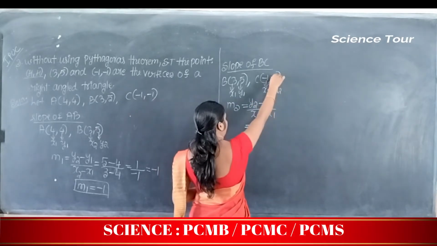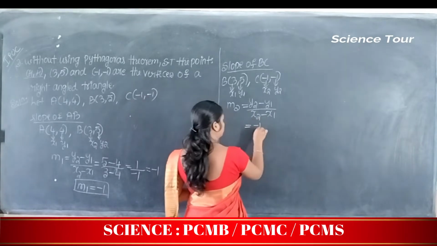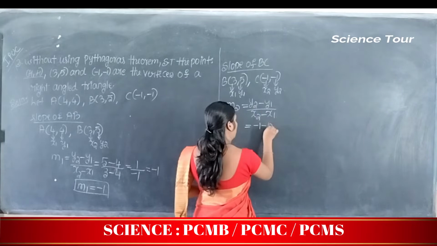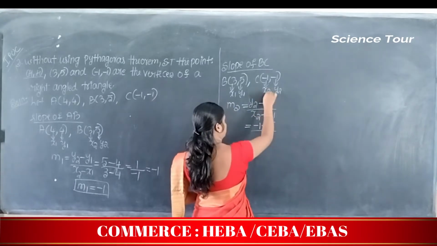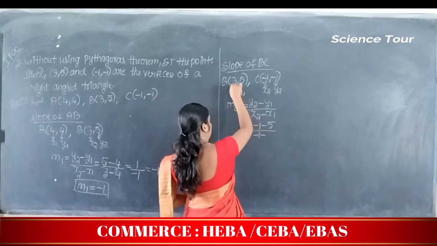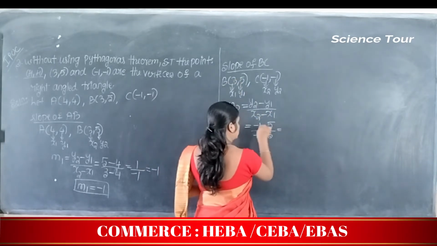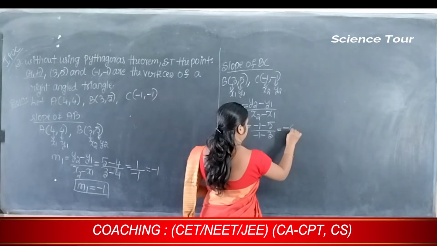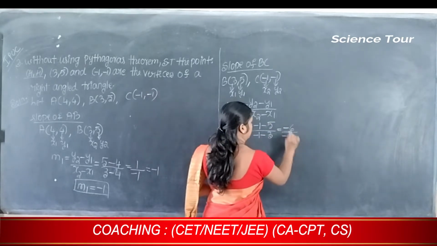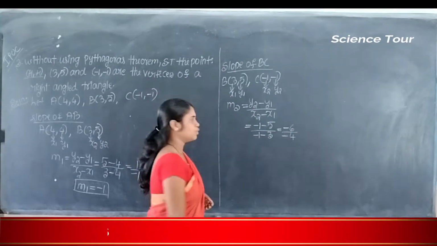y2 is -1, y1 is 5, x2 is -1, x1 is 3. So -1 minus 5 is -6. -1 minus 3 is -4.